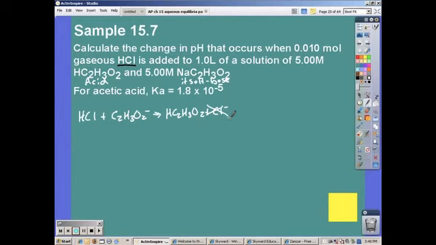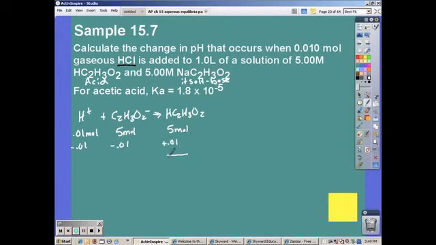And then you're going to need to do stoichiometry. Remember, in order for that, you're going to need moles of each substance. So we have 0.01 moles, 5 moles, and 5 moles, getting 5 moles from 5 molarity times 1 liter.